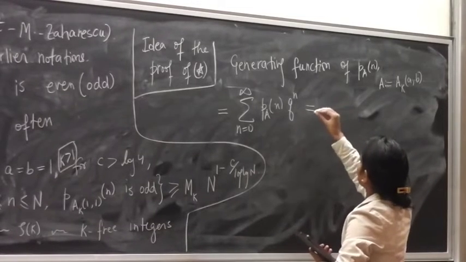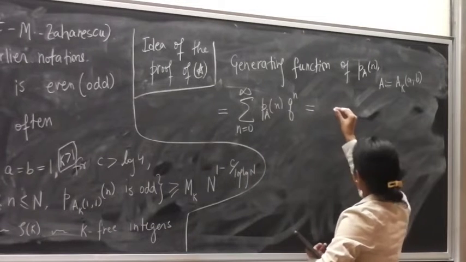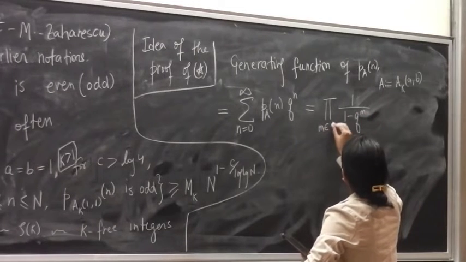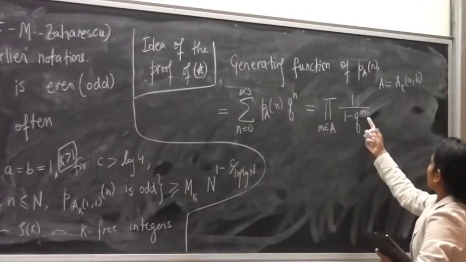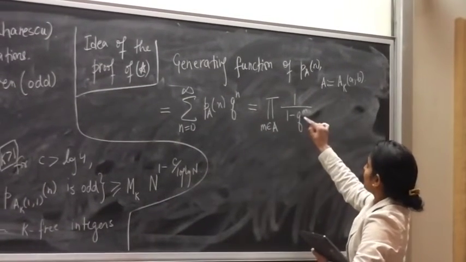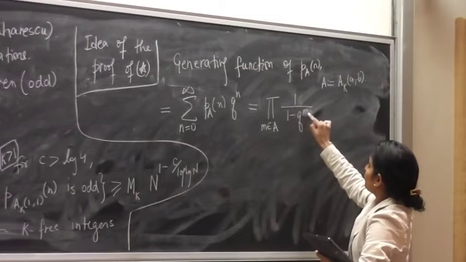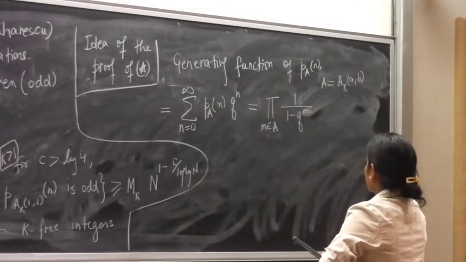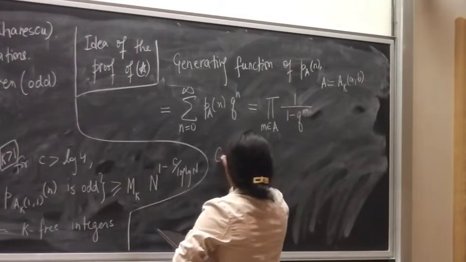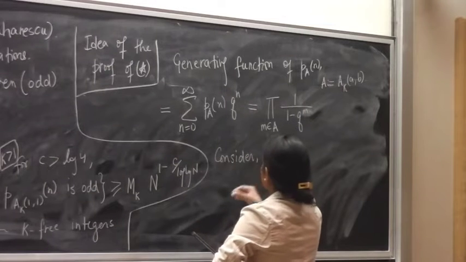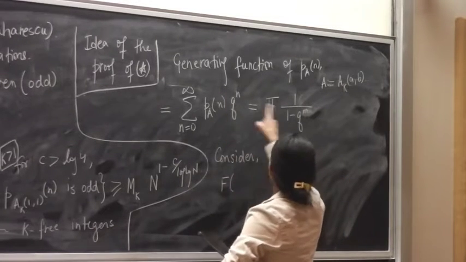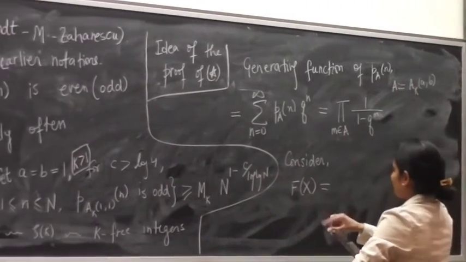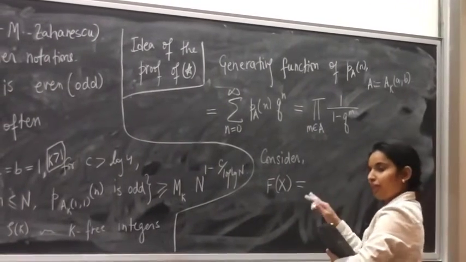And this is given by the product of 1 minus q to the power n, over all those n which belong to your set A. So you are multiplying all those, and when you actually multiply it out, you will be adding in the power of q all those n's which are members of the set A. So now consider this generating function, but write it as a function of a formal variable x, so that you can differentiate and do whatever analysis you want on it.